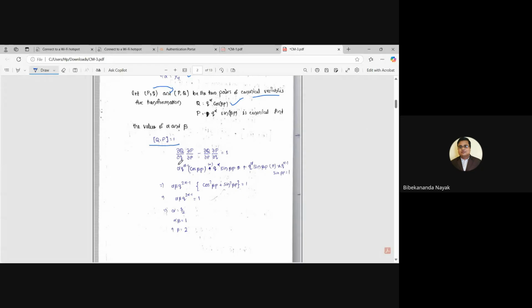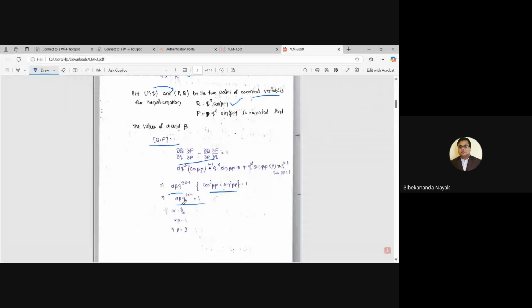Using the formula, del Q by del q, del P by del p, minus del Q by del p, del P by del q, is equal to 1. Taking derivatives, we found this. Taking this quantity common, we have cos square plus sin square, which is 1. So this one means there is a power of q and a constant.